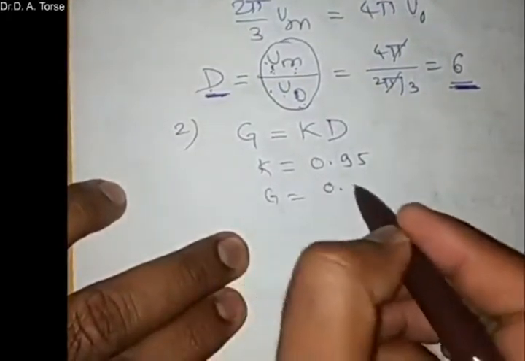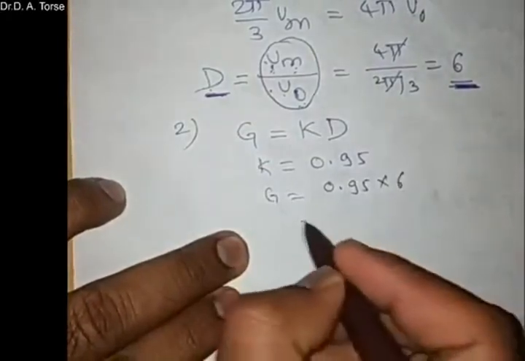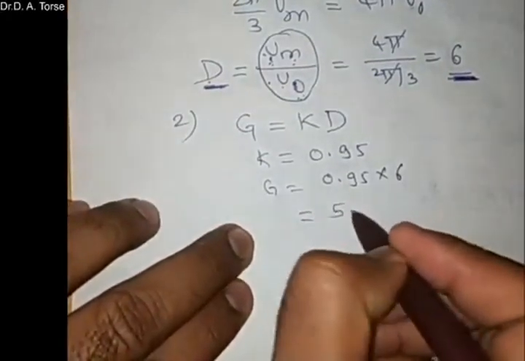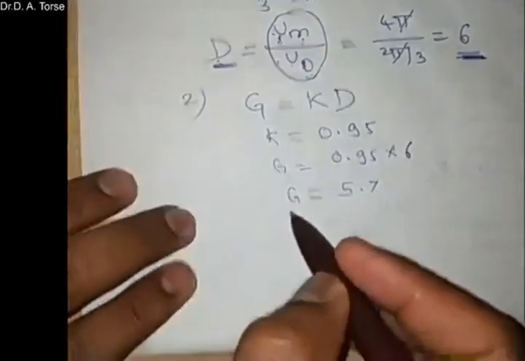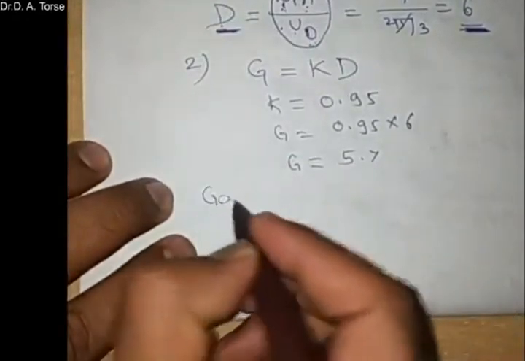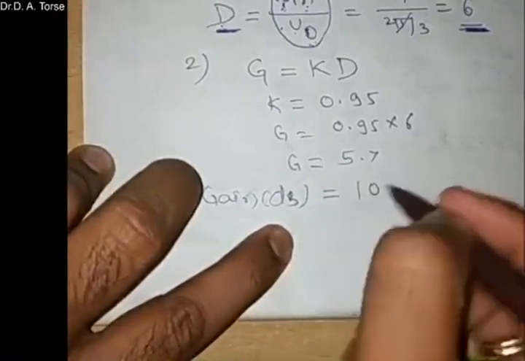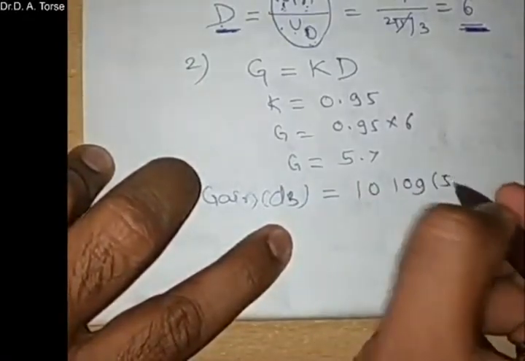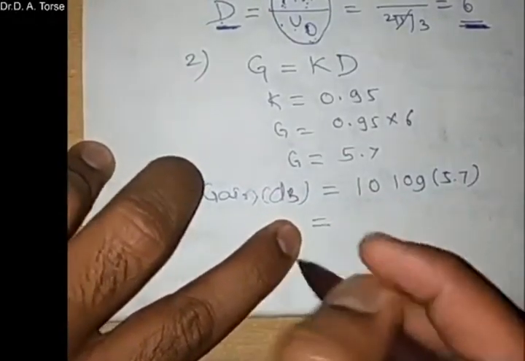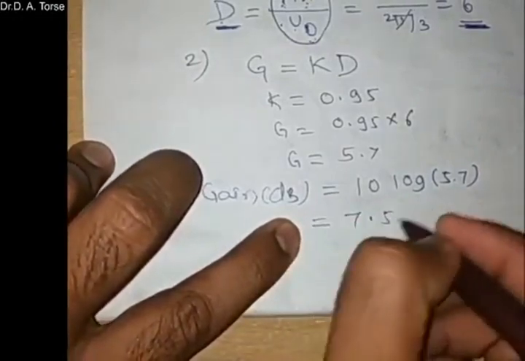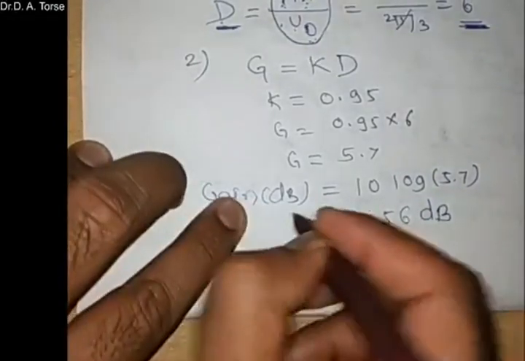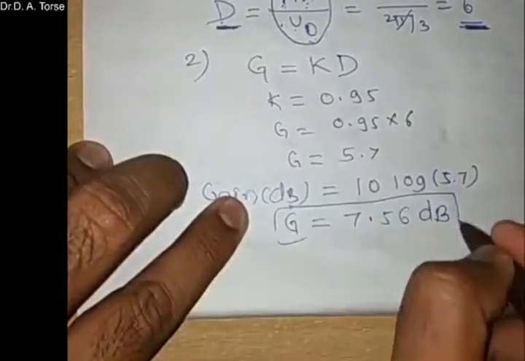Therefore gain is 0.95 into 6, which comes to 5.7. If we want the value of gain in decibel, we need to take 10 log of 5.7, which comes to 7.56 dB.